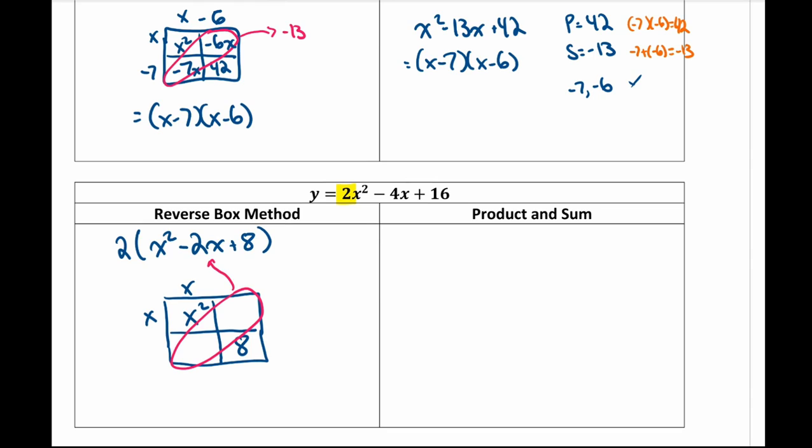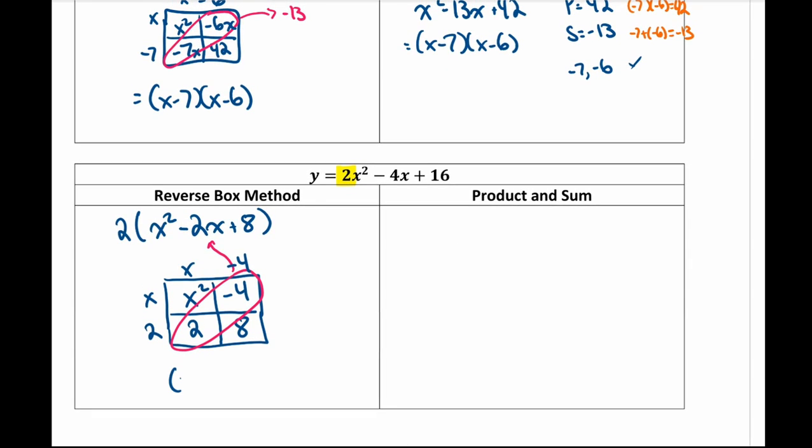If you work through and think about it, you should get one is negative 4 and one is positive 2. So that means negative 4 will be one, 2 will be the other. I now have my two brackets, x plus 2 times x minus 4, but we still have to take into consideration that 2, so that 2 is still out in front. And that is our factored form.